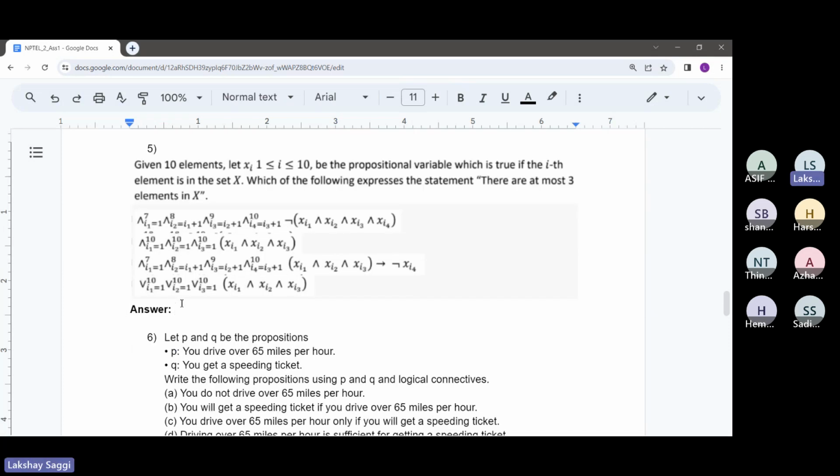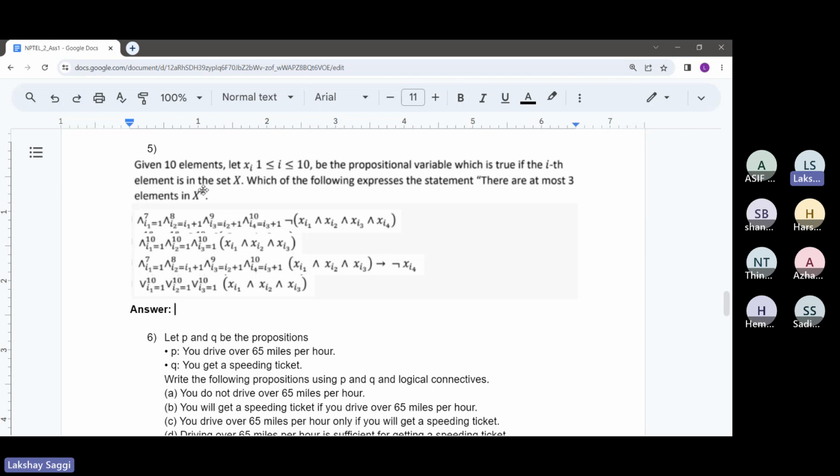So if the problem statement makes sense, then maybe you guys can try to see. These are actually the four options. So the first option, let me just tell you what this notation means. These caps are all conjunctions.